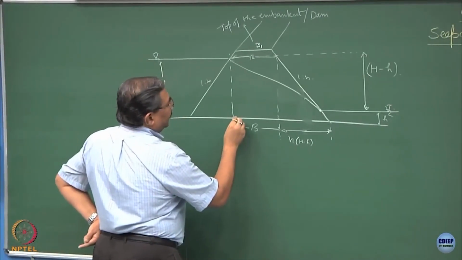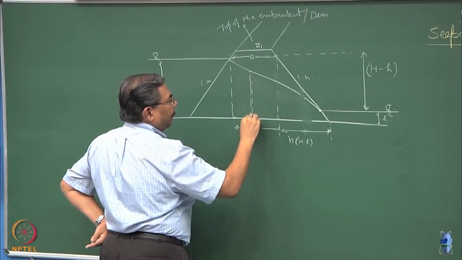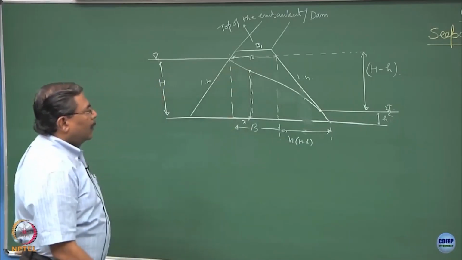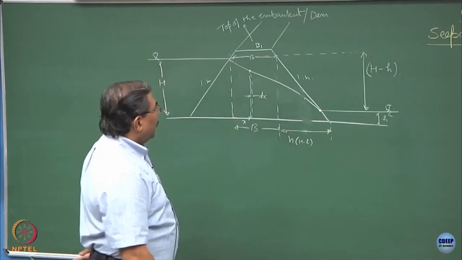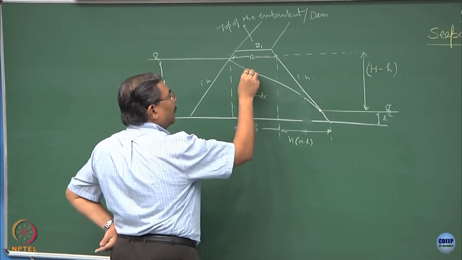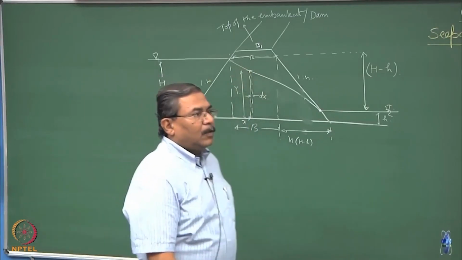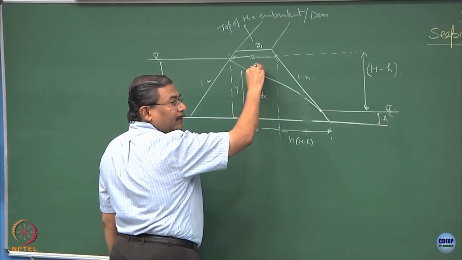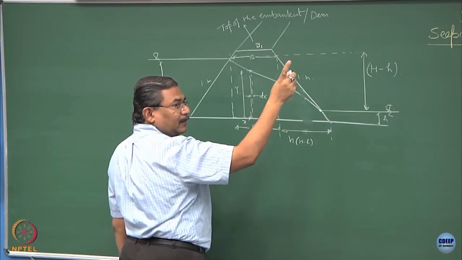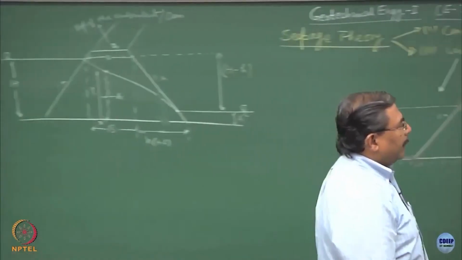So, if I assume at a certain x distance there is an element, alright, of thickness dx, and at this point the height of this system is, let us say, y. I hope you can realize the dy by dx is going to be the slope, because this happens to be the phreatic line. So, let me explain to you the concept of the phreatic line first.